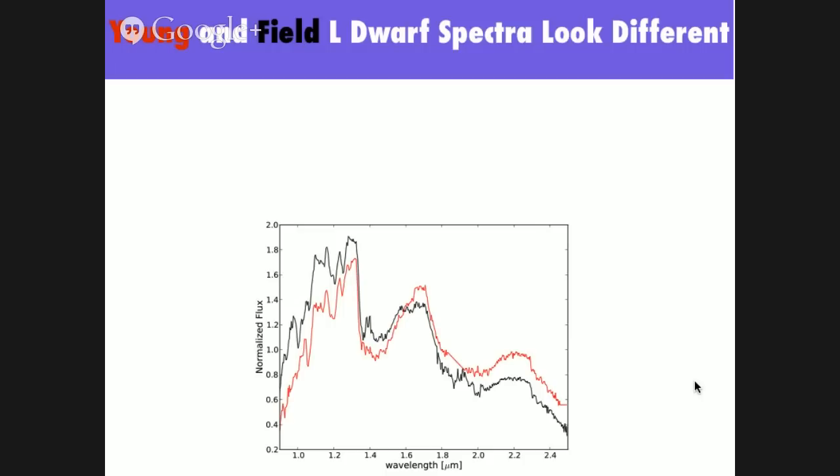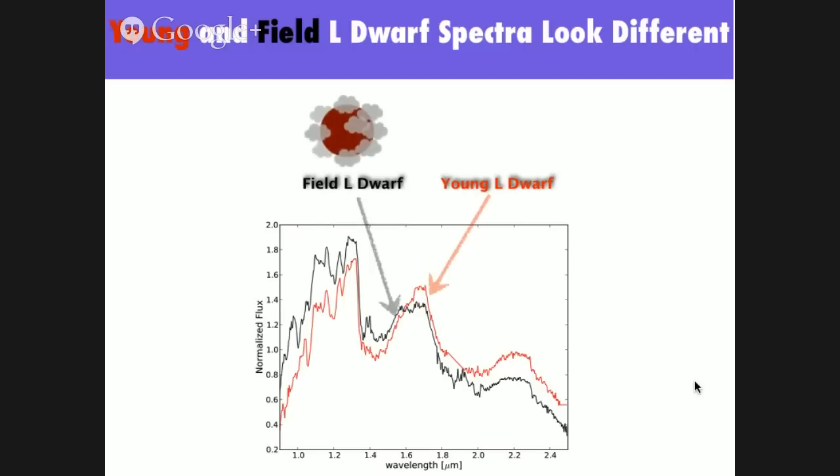Here is normalized flux versus wavelength, and the red is an L0 gamma, and the black is the L0 standard. The field dwarfs have clouds in their atmospheres, but we hypothesize that the young dwarfs have an additional dust haze of small particles in their atmospheres that causes the observed reddening.